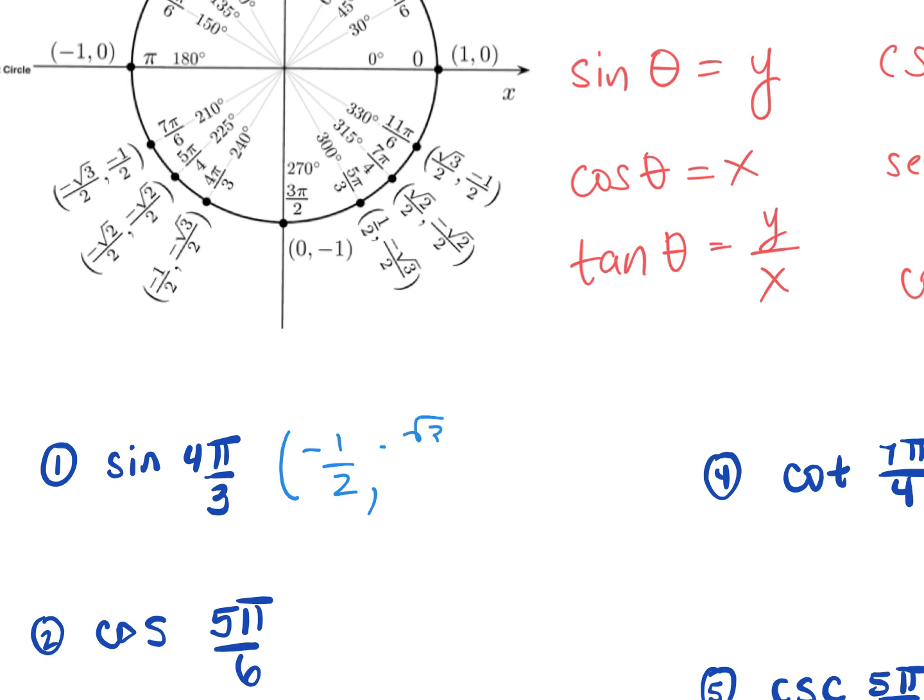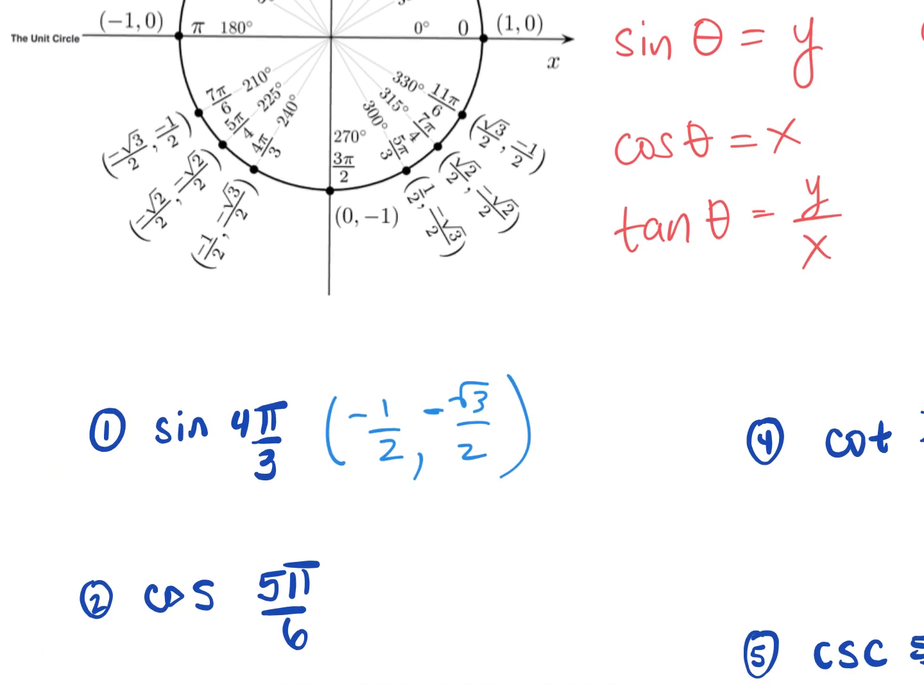Negative square root of 3 over 2. All right, so this question is asking you for the sine. What is the sine of 4 pi over 3? It's which part of the ordered pair? It's the y. So the sine of this angle would be the square root of 3 over 2. It's the y value. I'm sorry, there's a negative in front of it.